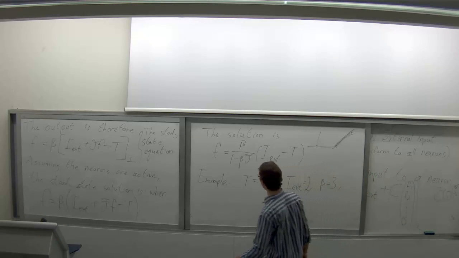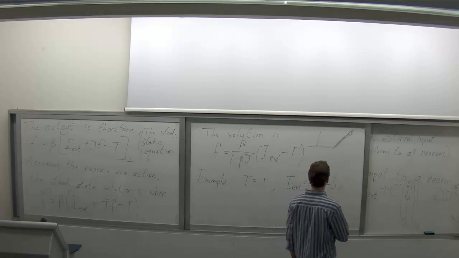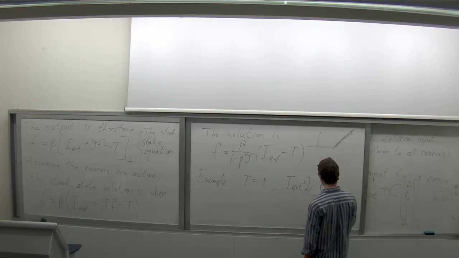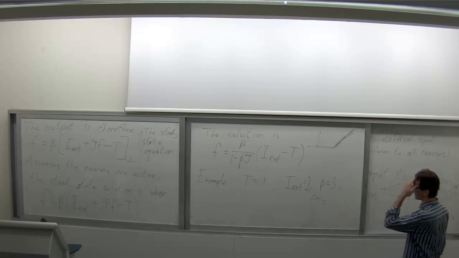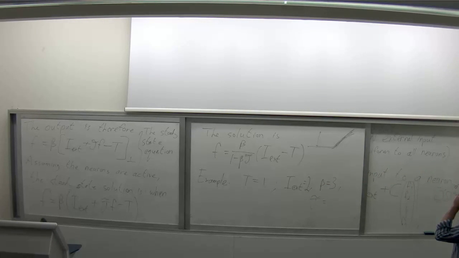and let J be J tilde, so it'd be easy to calculate 3 over 2.